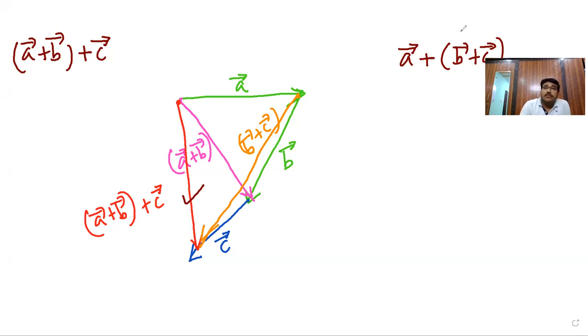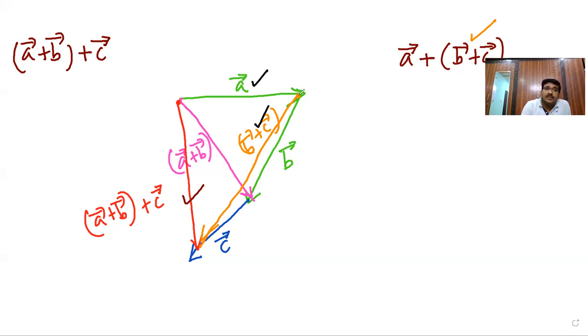Now, B bar plus C bar vector is achieved. We have to add this B bar plus C bar vector to which vector? A bar vector. Now, try to see that B bar plus C bar vector should be added to the A bar vector. This is A bar.